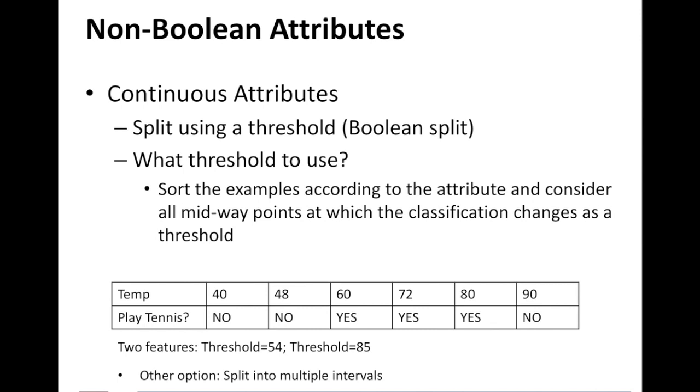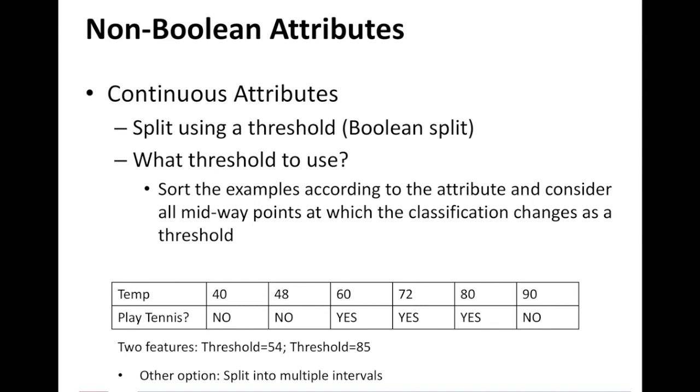So here we are using temperature and we are sorting temperature by its value, 40, 48, 60 in increasing order. And then you see for each of these values what is the corresponding decision. For each of these instances, what is the corresponding decision. Then you will see that the first two are play tennis, decision is no in the training data set.